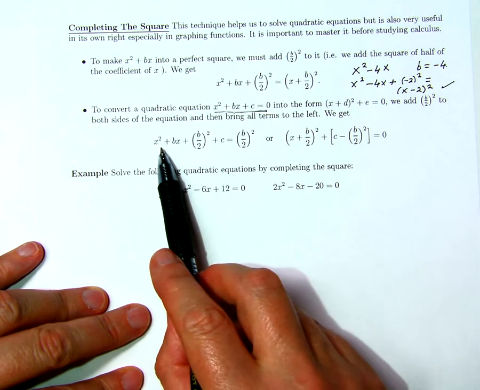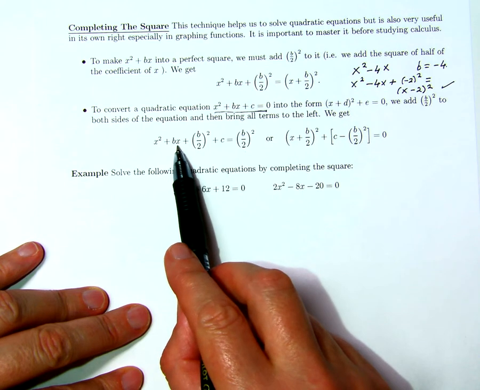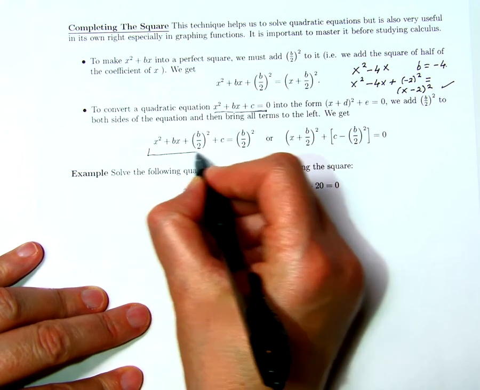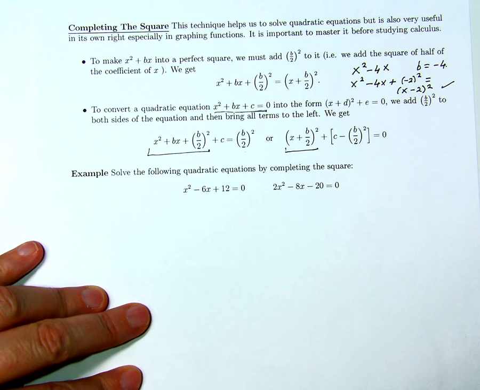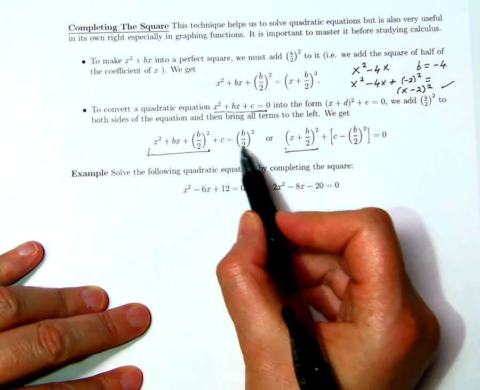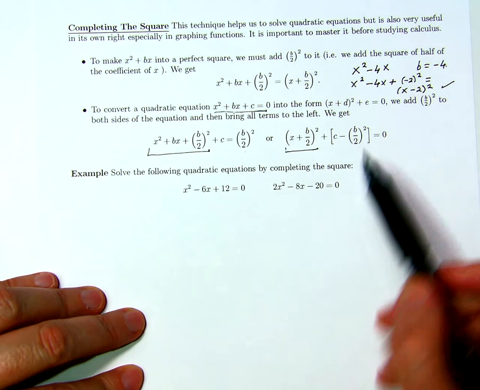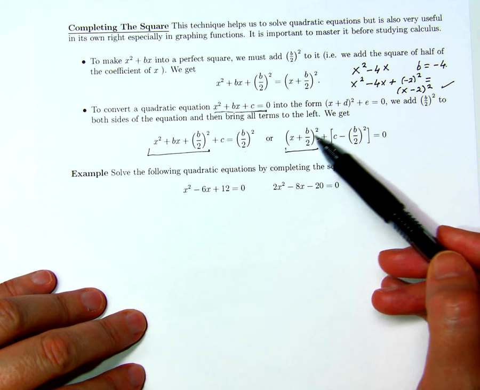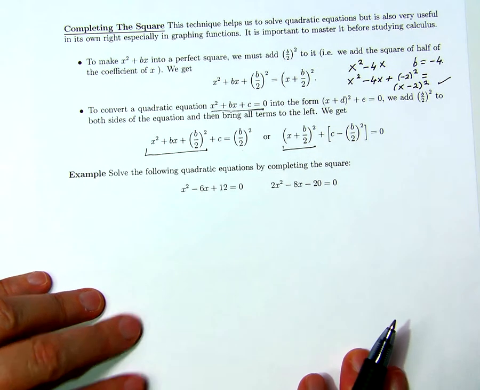So I add this square of half of the coefficient of x to the left, and this part now becomes a square, x plus b over 2 squared, and everything else is a constant. So now I've transformed the equation into x plus or minus a constant squared equals another constant, and I know how to solve that.